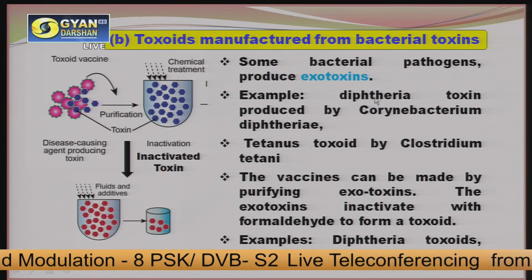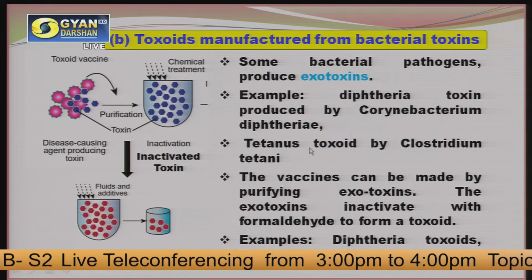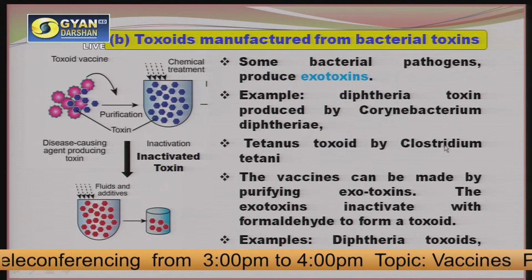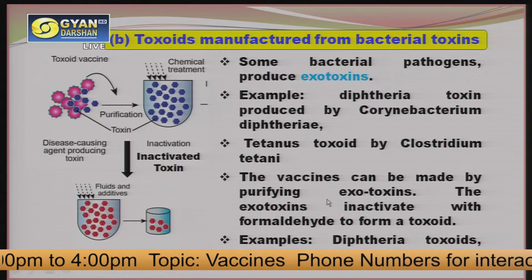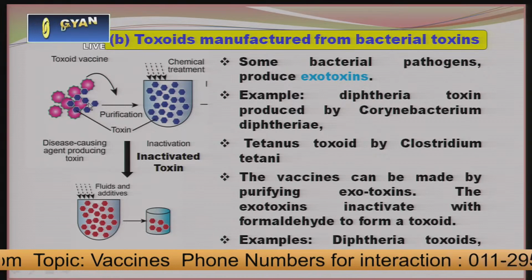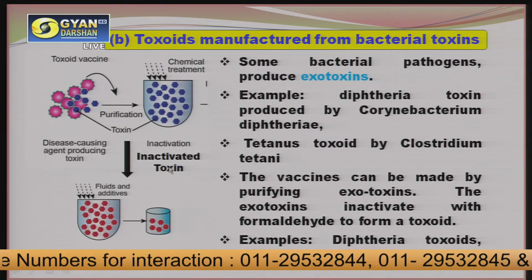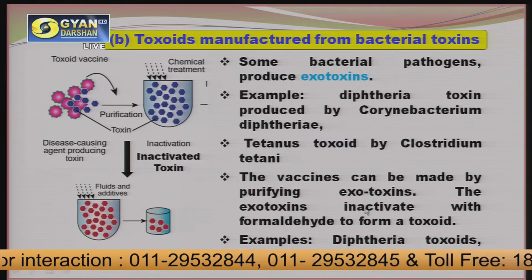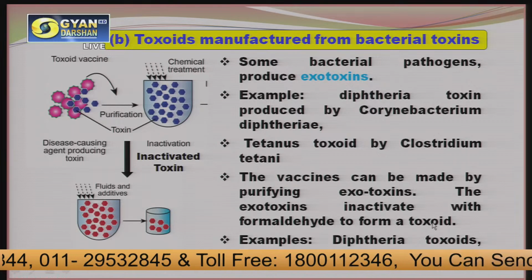The examples: diphtheria toxin produced by Corynebacterium diphtheriae, and tetanus toxoid from Clostridium tetani. The vaccine can be made by purifying exotoxins. You can see the structure in blue color. It is an exotoxin, inactivated with formaldehyde to form the toxoid.